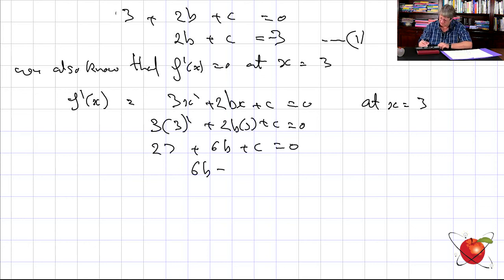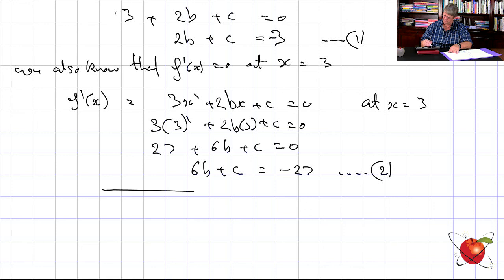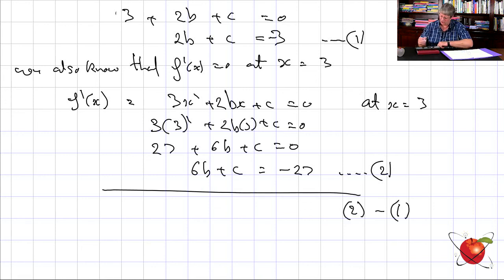Therefore, 6b plus c is equal to minus 27. This is then equation 2. What did I do? I said equation 2 minus equation 1.